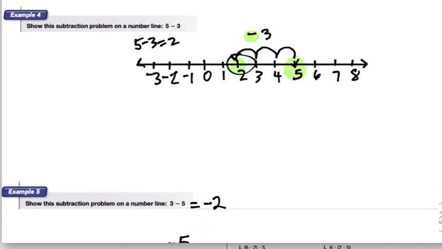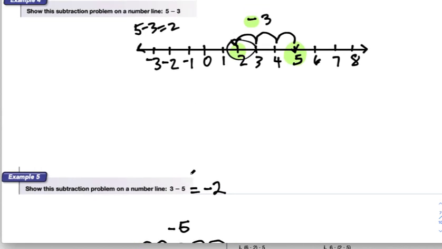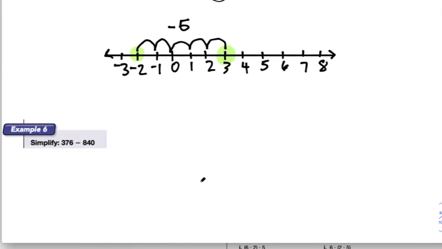But when we switched it and we did 3 minus 5, the answer was negative 2. 5 minus 3, the answer is 2. 3 minus 5, the answer is negative 2. So it looks like when I subtract a bigger number from a smaller number, it's kind of like subtracting them regularly, but I get a negative number in the front. So let's try that strategy.